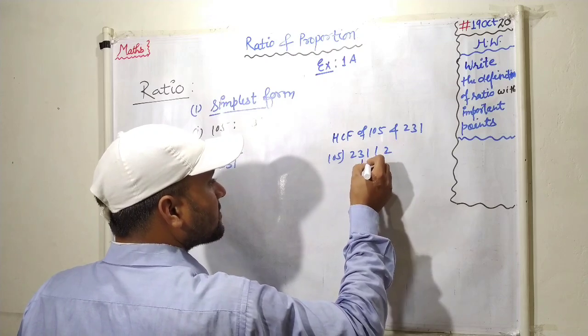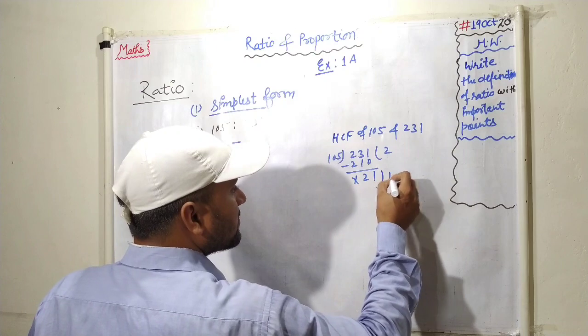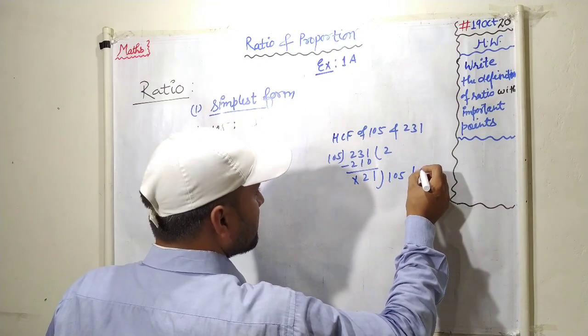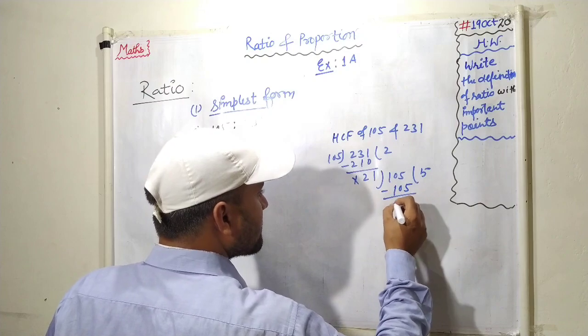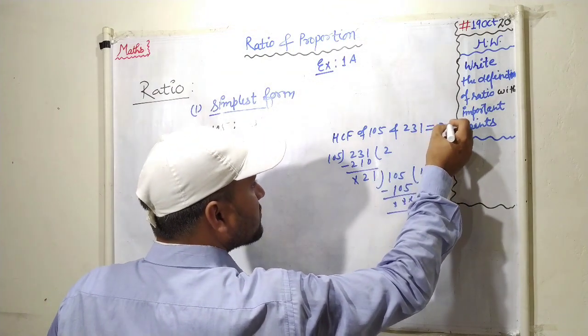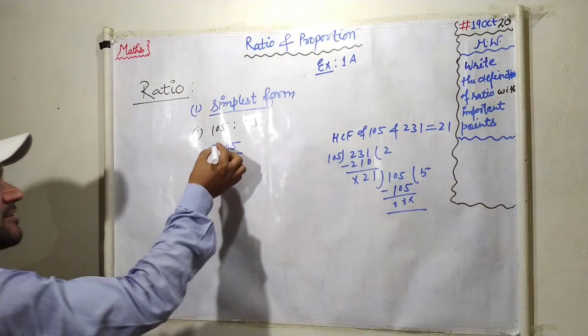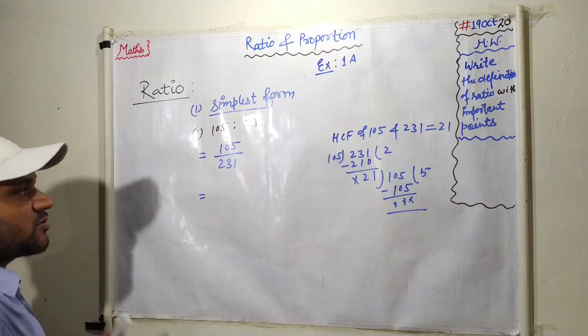You will get this HCF as 21. So if you divide both by 21, you will easily get your answer, students.